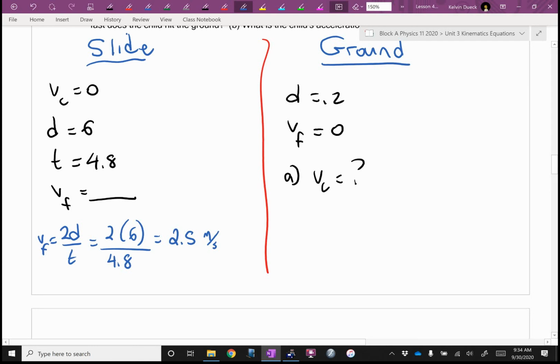By the way, in this question, because it makes the math easier, I think we're letting down be positive. You could make an argument that you could call that negative, but since we got a positive answer, how about for this whole question, down will be positive because it'll keep the math nicer. And there's my answer to part A, 2.5 meters per second.